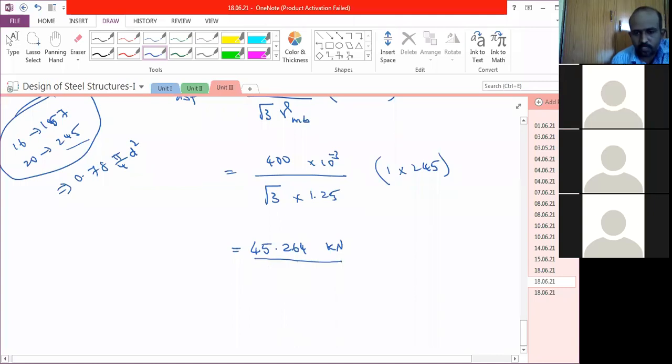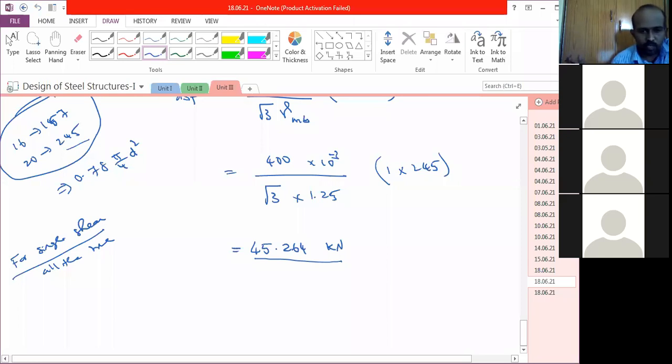So the shear capacity of the bolt for single shear. For single shear, most of the time the shear capacity of the bolt becomes very much less when compared to the bearing capacity. This concept we also discussed while designing the bolted connection. So all the time it will be lesser than the bearing capacity of the bolt.